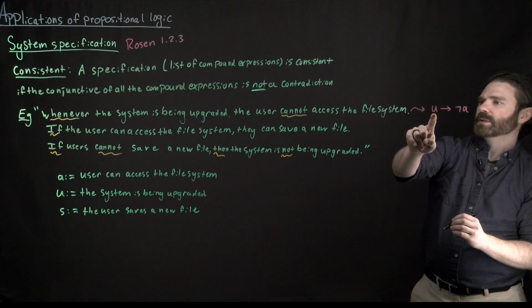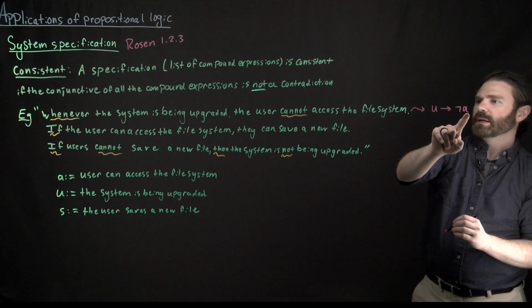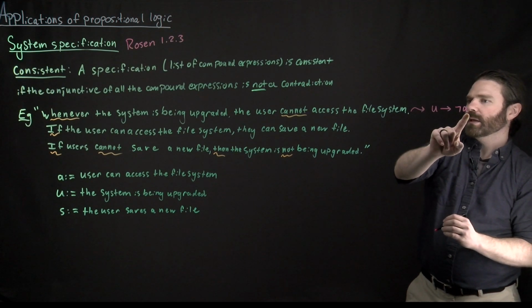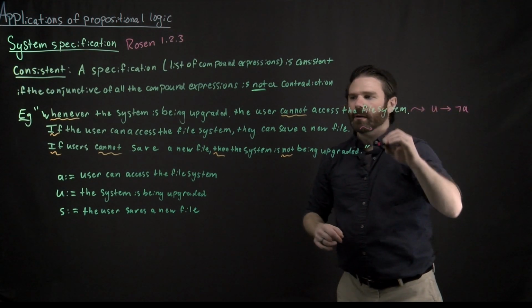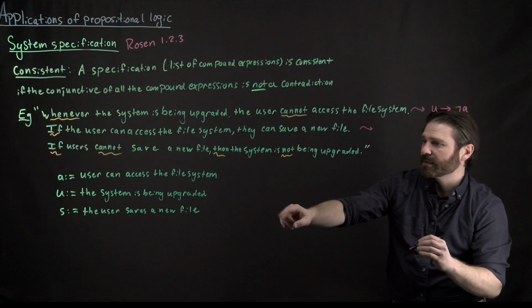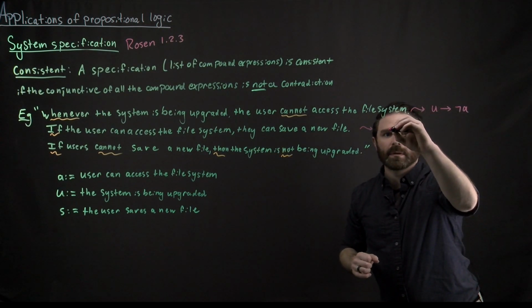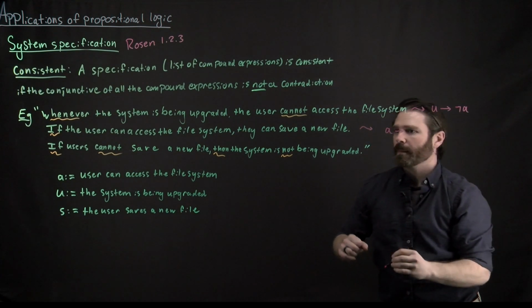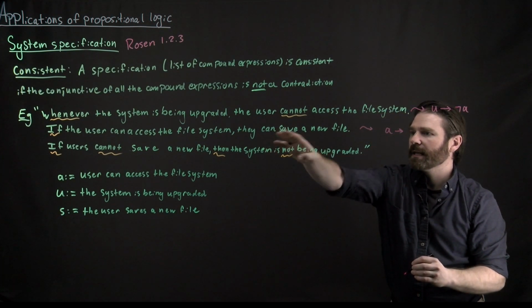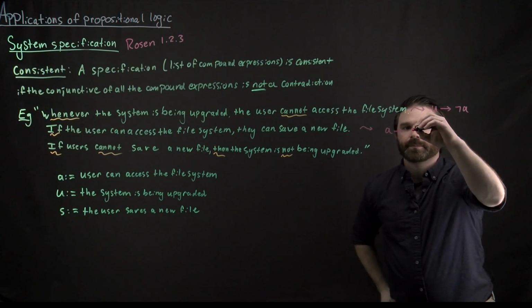If the system is being upgraded, the user cannot access the file system. This second one right here, I could represent as follows. If the user can access the file system, then they can save a new file right here.